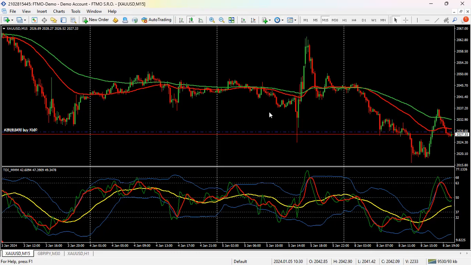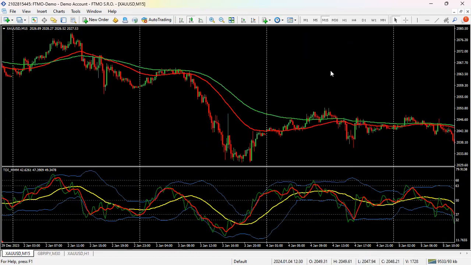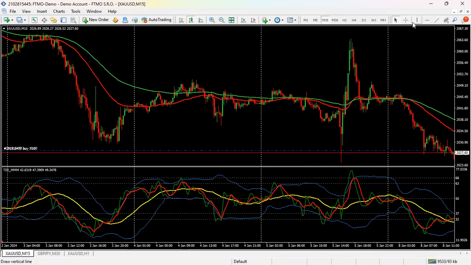I also use the TDI to help with the more intricate details, but overall, I use moving averages for direction, and I use the market structure for entry and exit. So as of today, just to give you guys some things that I look at that are consistent: when the moving averages cross, there are two things that you can look at.